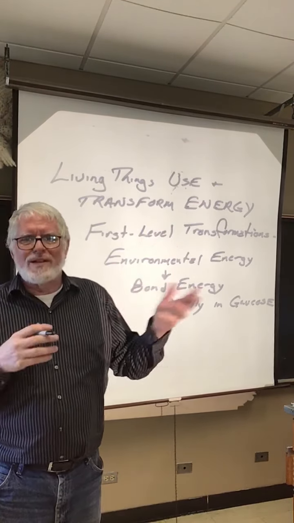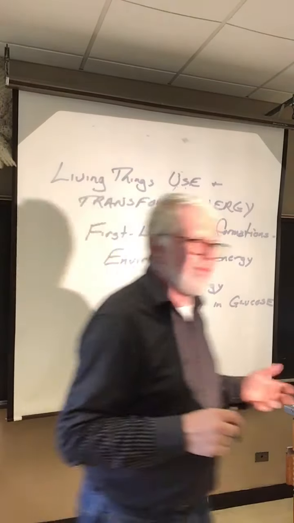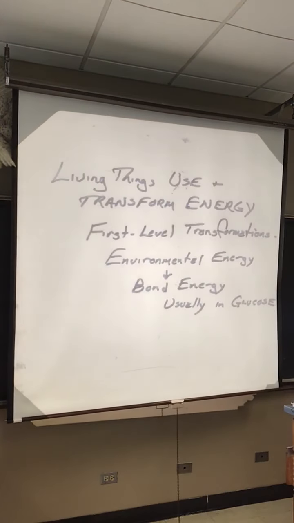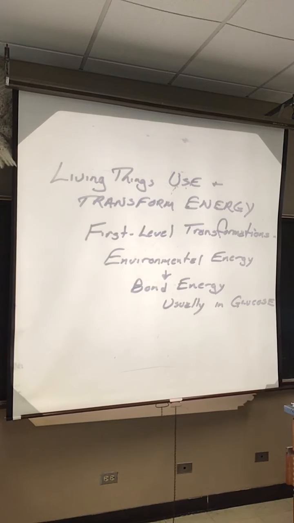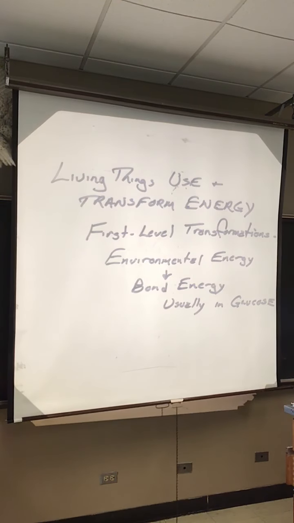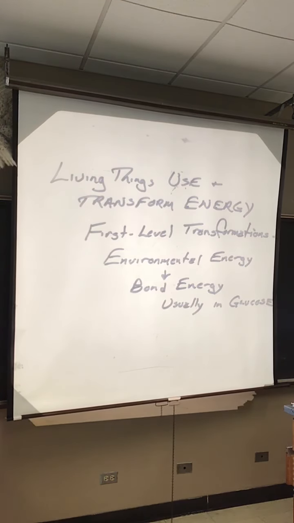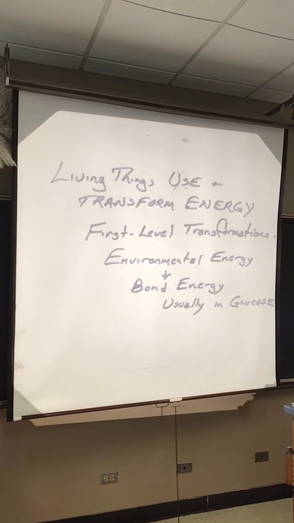And then it moves from one type of bond to another type of bond. There's 2 basic types of first level transformations. It turns out there's more than 2, but the other ones are so weird and rare that we're not even talking about those.